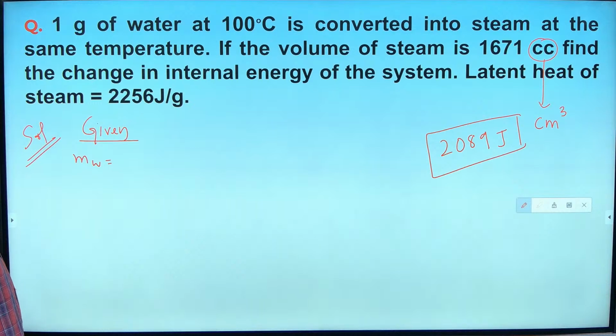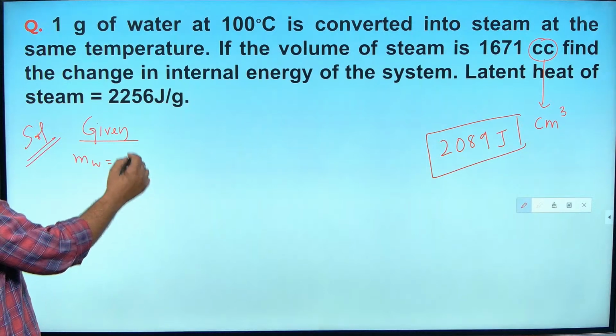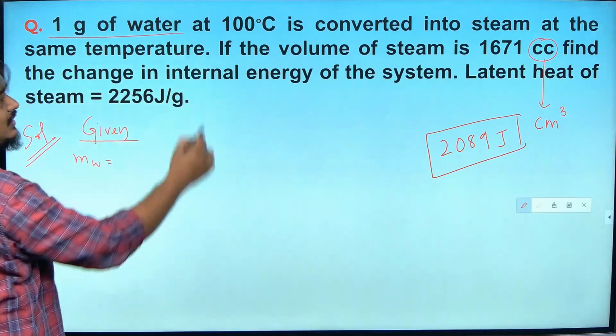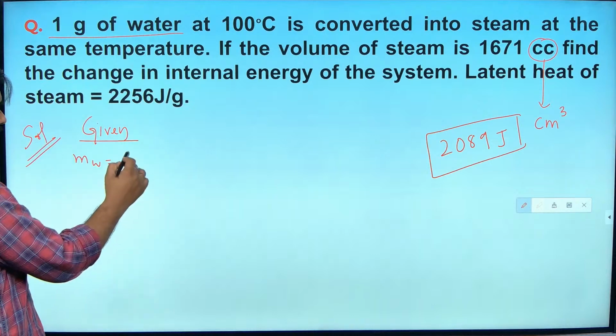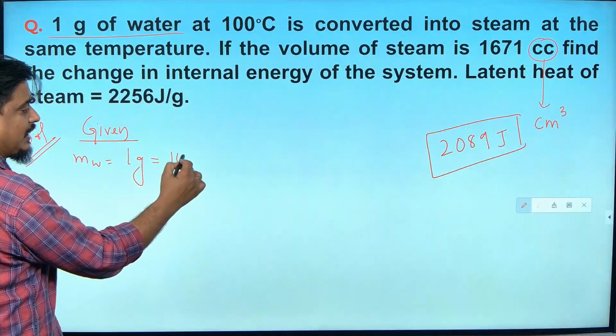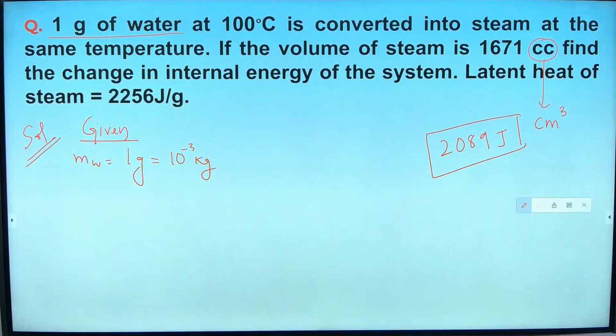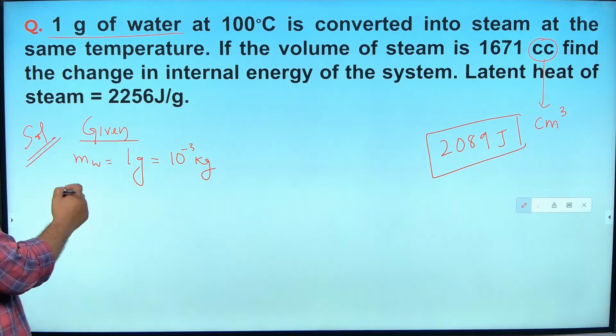Unmute yourself. You are muted. What is the mass of water given? 1 gram. Convert into SI units. It will become 10 to the power minus 3 kg, right? 1 by 1000. Yes. What else is given?